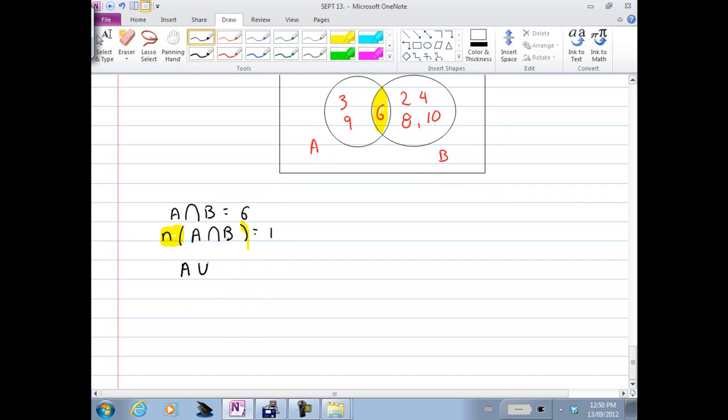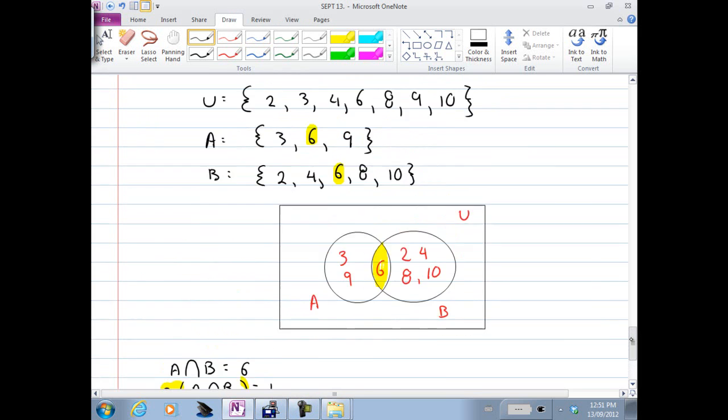n of A union B. Go. I'm going to pause it. Well, it doesn't mean U, it means union, but you kind of figure it out. Amrit, what is A union B? 3, 9, 2, 4. Yep. You're missing 1, 6.